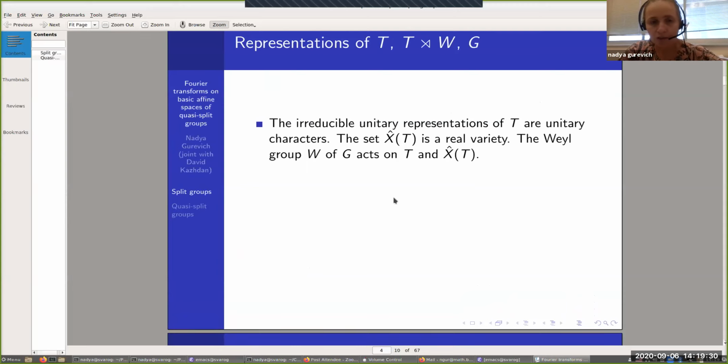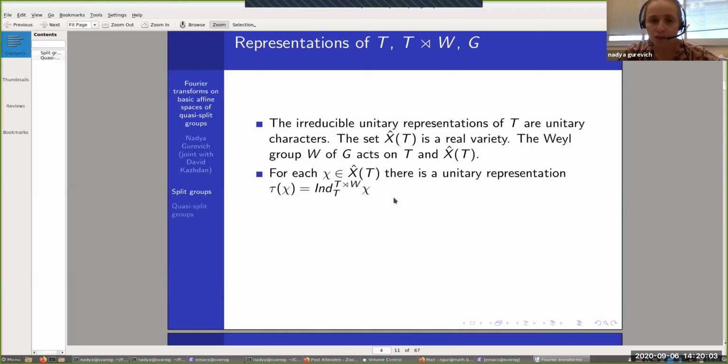In addition, there is a Weyl group, which will play a big role in my talk. It is a finite group which acts on the torus and hence also on the set of unitary characters. In the case where our group is GL_n, the Weyl group is just the group of permutation matrices.